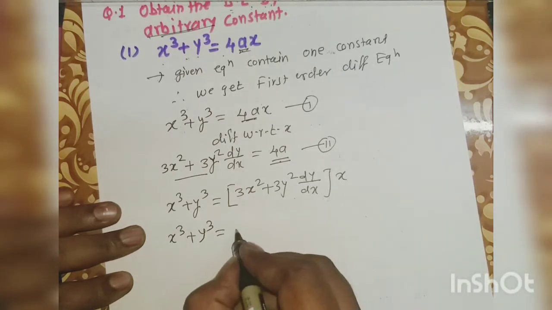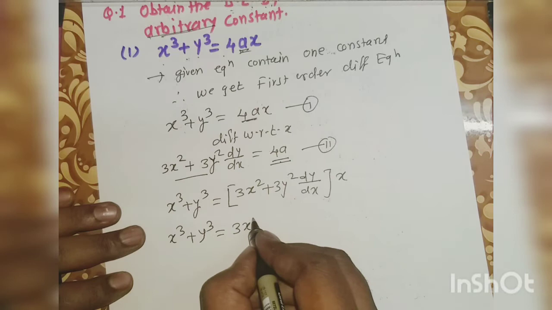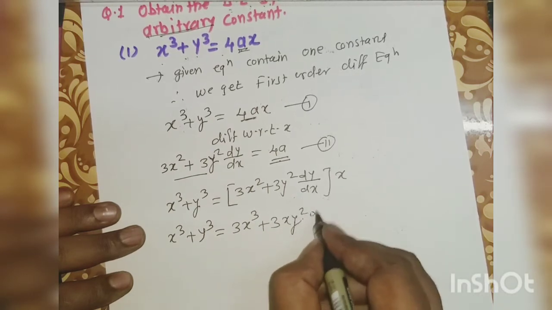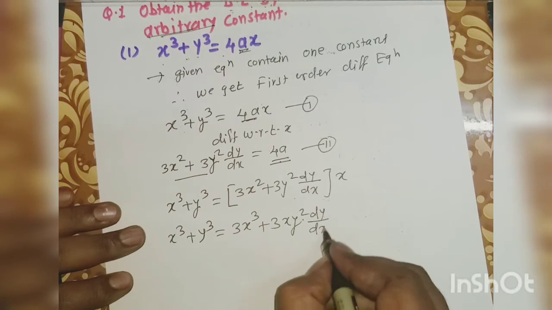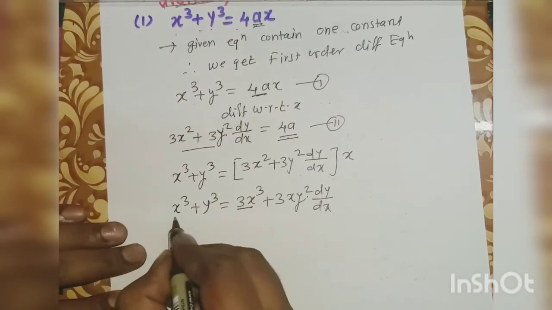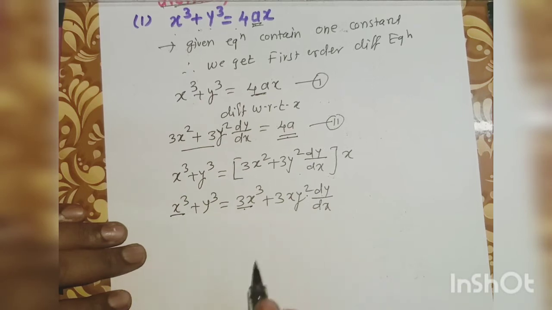Multiply this: x cube plus y cube is equal to 3x cube plus 3xy square dy by dx.